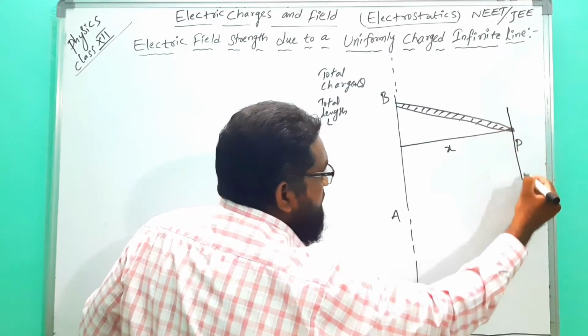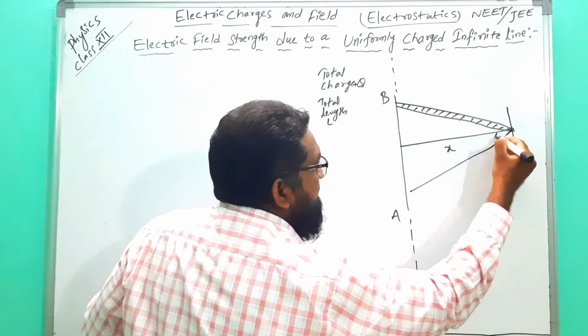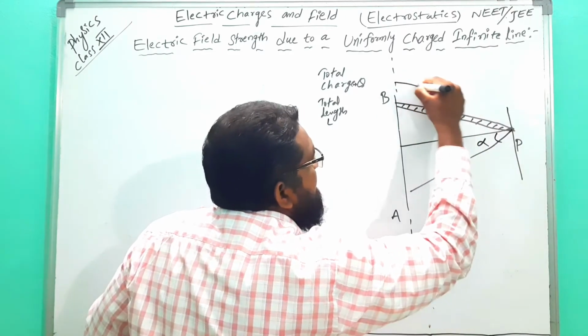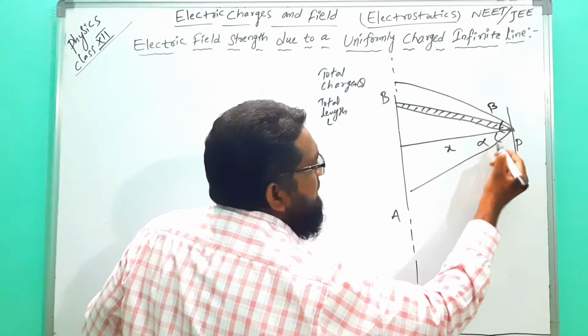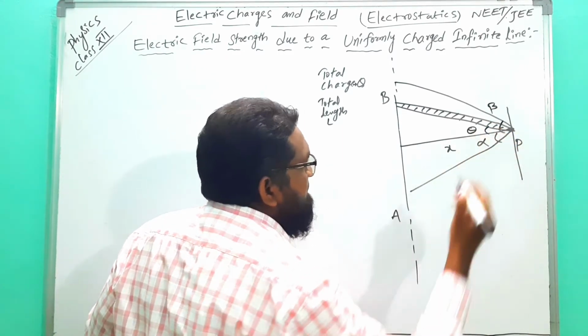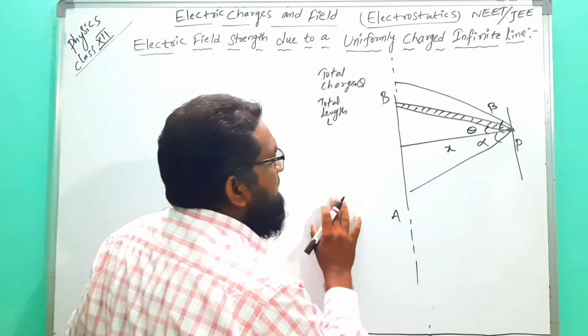Actually we are taking two angles here: this is alpha and this is beta. This angle is theta for the small element.